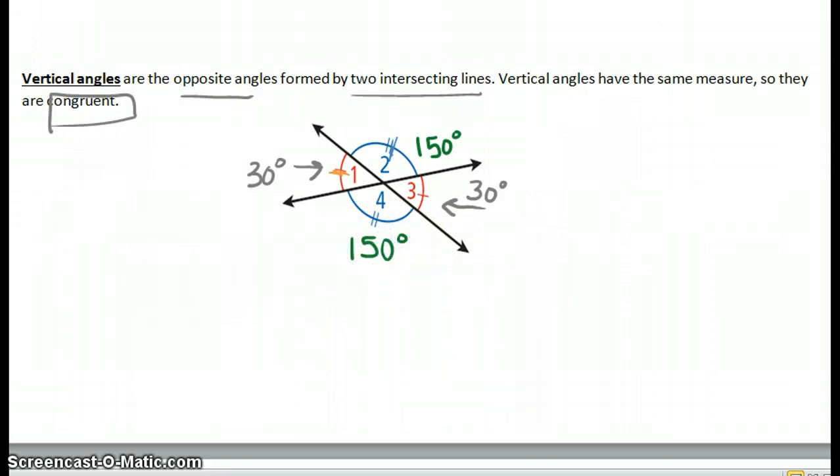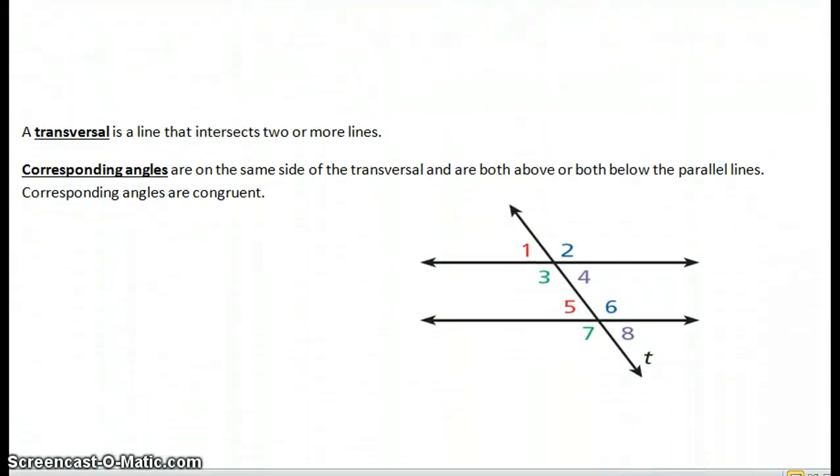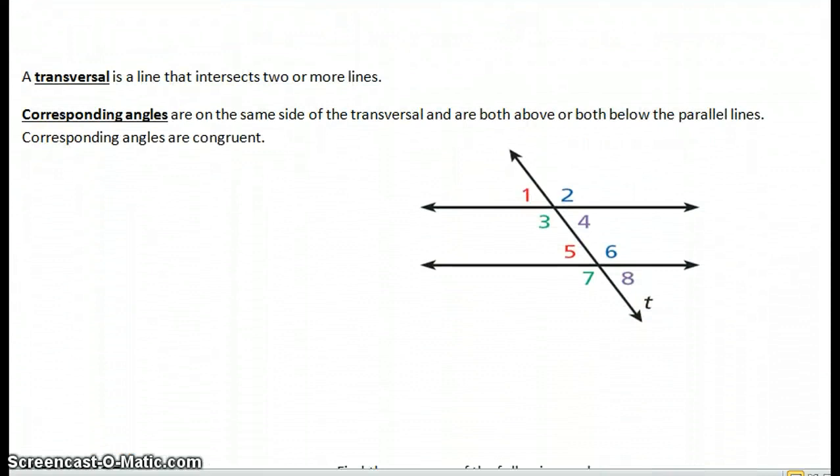And if you'll notice, we made a straight angle here, and it totaled 180 degrees. So there's many ways to figure out the measures of angles. If you know one, you can figure out the other. And that's what we're going to do in this figure below.